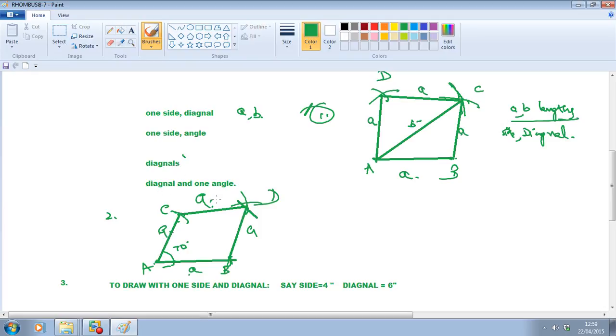So with only diagonals, how can we draw? I'll just show a sample. In the rhombus, diagonals cut each other at 90 degrees.